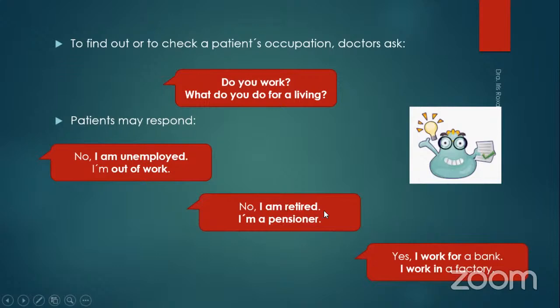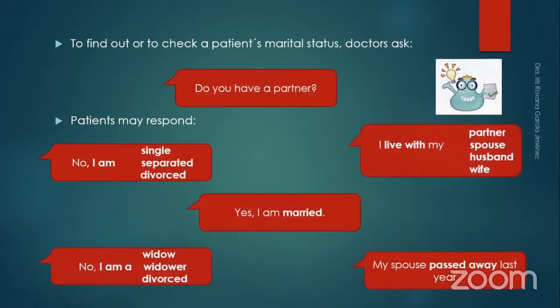No, I'm retired, or I'm a pensioner, okay? Oh, yes, I work for a bank, or I work in a factory, for example, okay? So taking these expressions into account, we have different ways to receive the answer because we are going straight to the point. It's not an open question. It's very, very easy and fast to make.